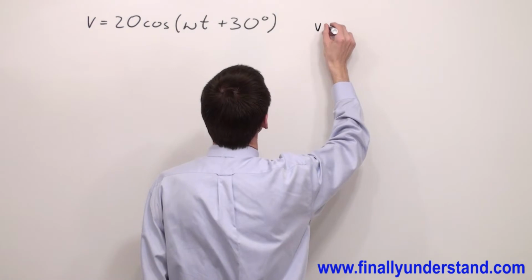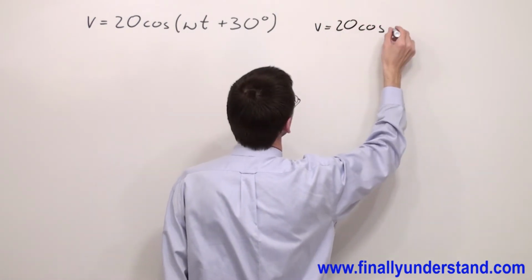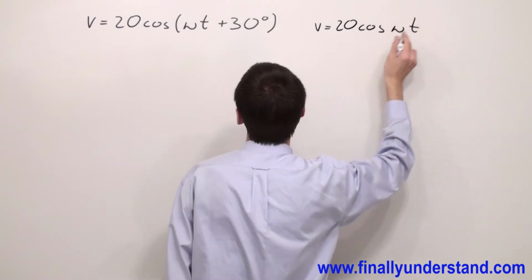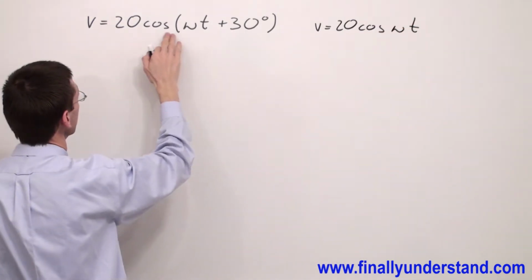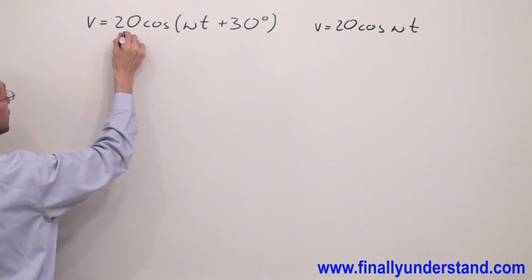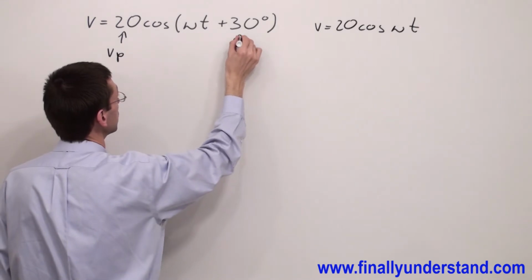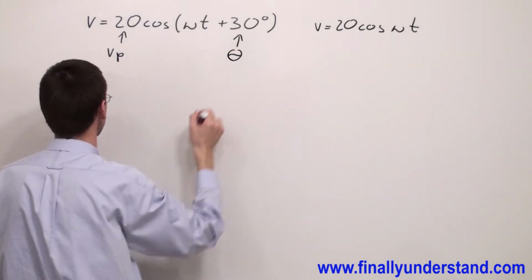Simply copy down V equals 20 cosine omega t. This is my voltage peak, and this is my phase shift, my angle theta.